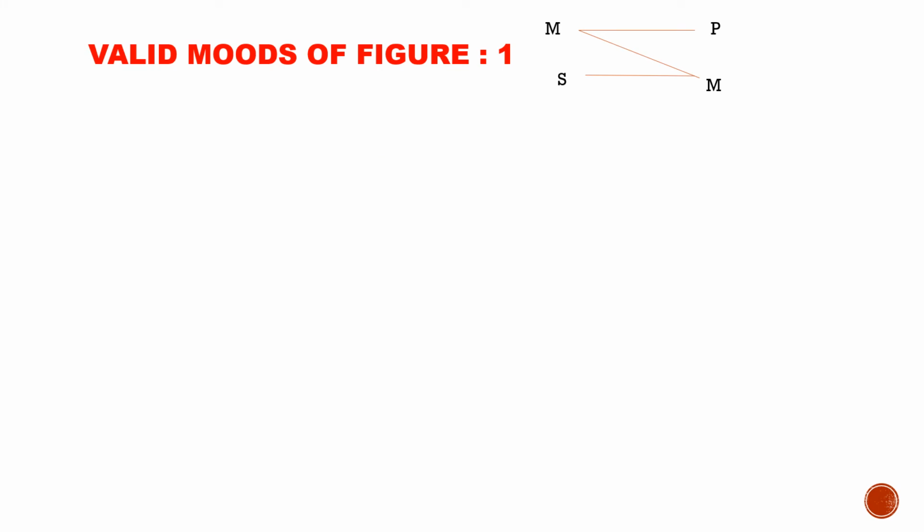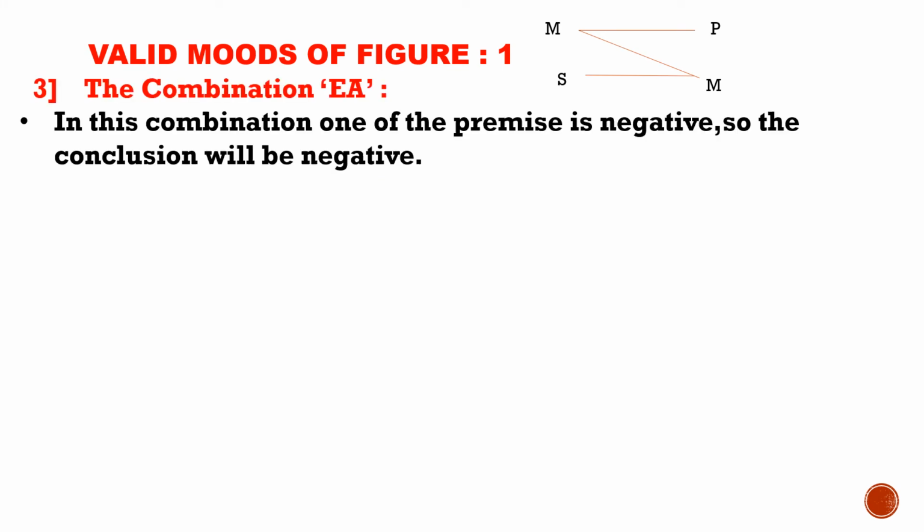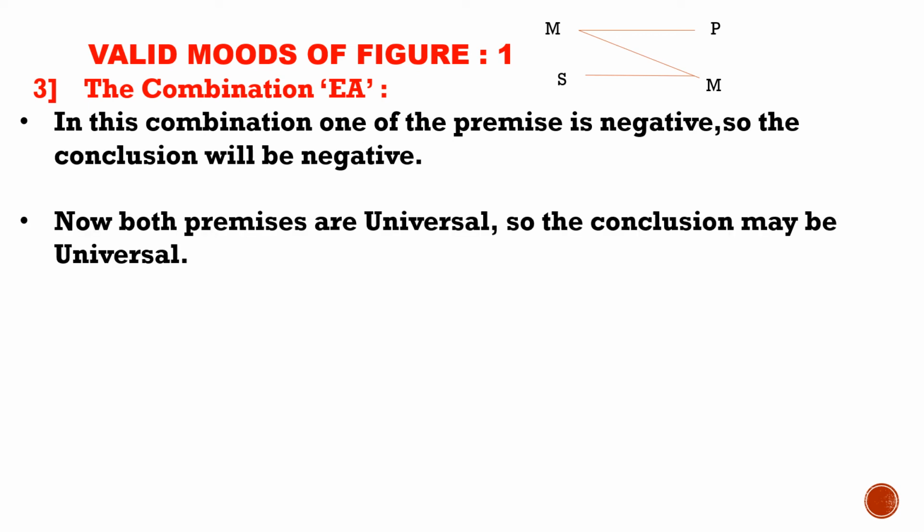Let us see the third combination of figure 1, that is EA. Since in this combination one of the premises is negative, the conclusion will be negative, as per the rule of syllogism: if one of the premises is negative, the conclusion must be negative. Now both the premises are universal, so the conclusion may be universal.